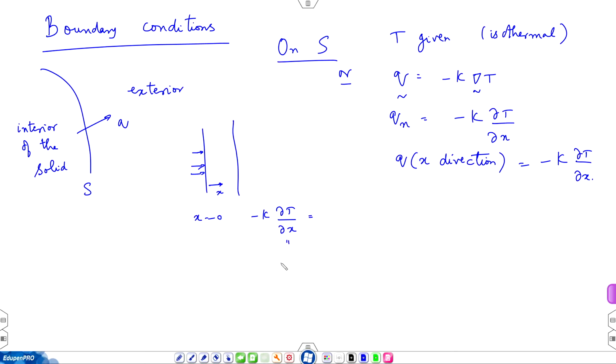So, this is also the total derivative, equal to q. When you apply it on the right hand side, you will get q pointing in the x direction.